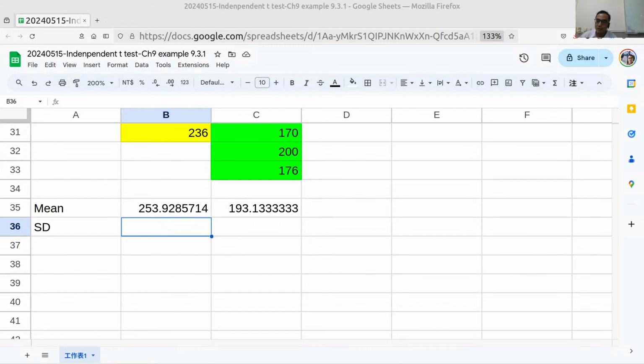In the numerator, it is sigma, the sum of xi minus x bar, squared. For the samples, it's the same in the numerator, the sum of xi minus x bar squared, but the denominator is different. It becomes n minus 1 because of the degree of freedom.